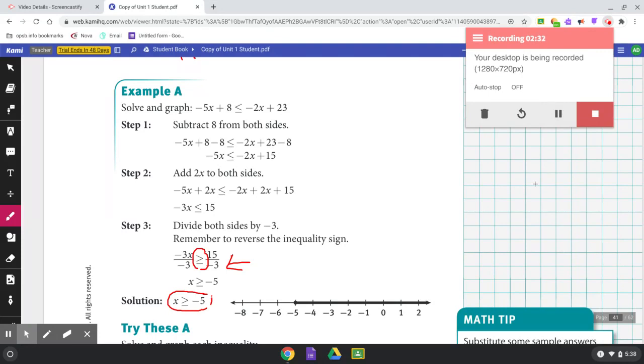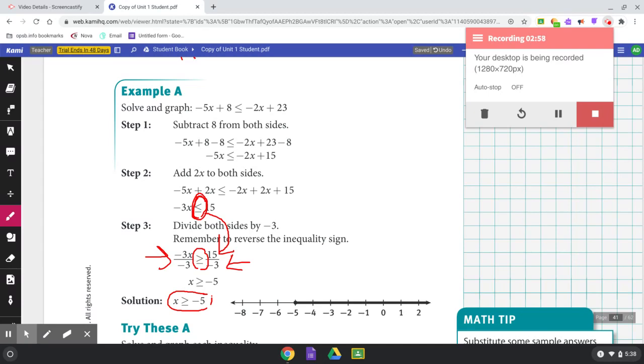Okay, I almost messed up, y'all. So the original inequality symbol was less than or equal to, and at this step here, they went ahead and divided by negative 3 and flipped the inequality sign from less than or equal to greater than or equal to. So remember, because you're dividing by a negative number in that final step, your inequality symbol is going to flip from the original less than or equal to, to greater than or equal to.